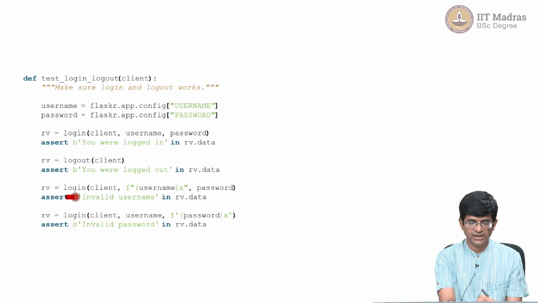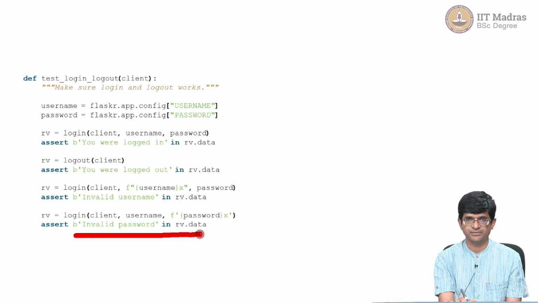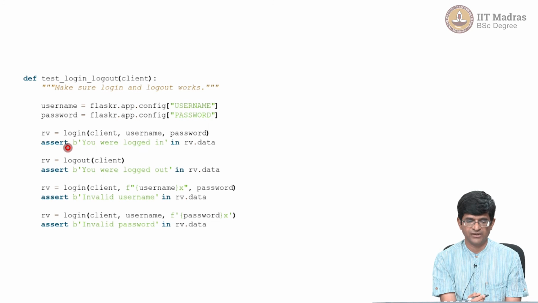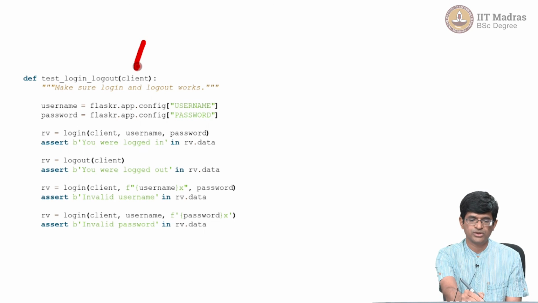But now if I try logging in with an invalid name, see, I've appended an X to the username, I should get the response invalid username. And similarly, if I try with an invalid password, I should get the response invalid password. So effectively what I have done is I have created a test which will test 4 different conditions, and it uses these login, logout helper functions that I have created, all of which make use of this client test fixture.